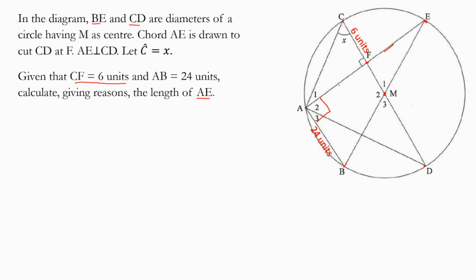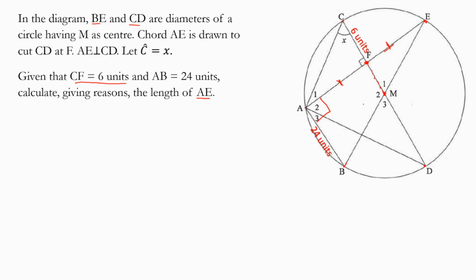We know that AF is equal to FE, from the previous question, or if we use the theorem that the line drawn from the center perpendicular to the chord bisects the chord. So F is the midpoint of AE, and M is the midpoint of BE.